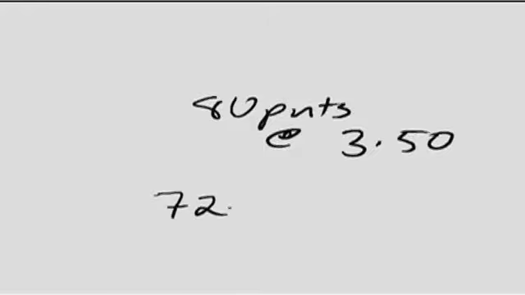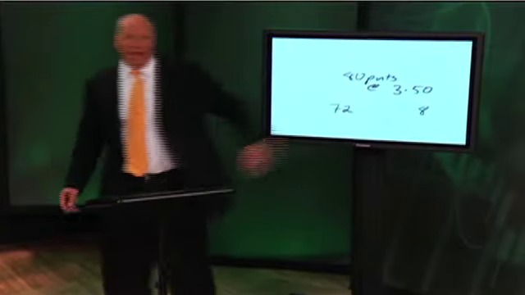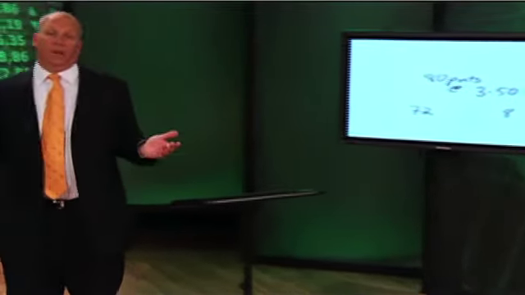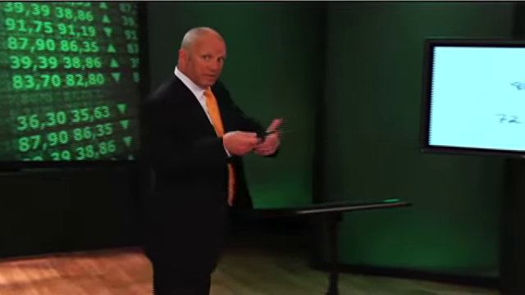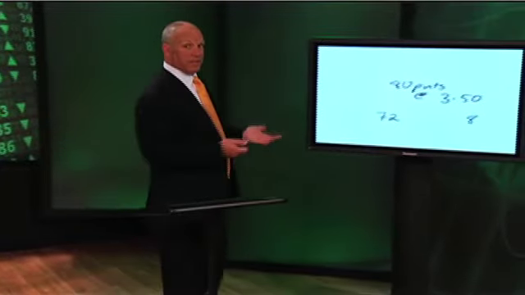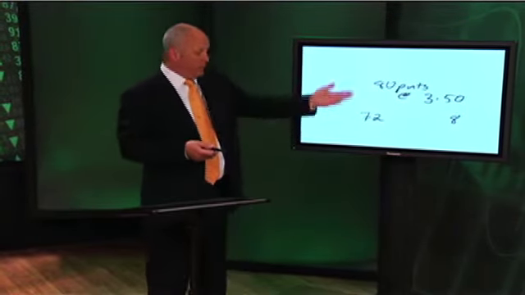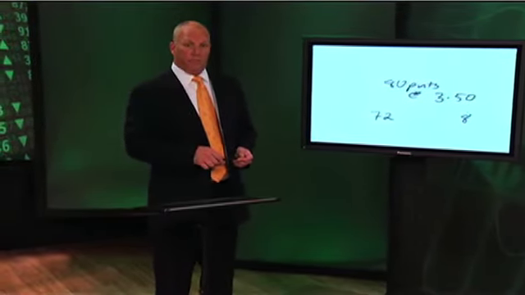The stock's now at 72. The value of those puts is going to be about 8, which means whatever we paid 3.5 for, we'll be able to sell them for 8. So we make a little better than 100% on the trade. That's a good trade, nothing at all wrong with that, especially if it happens in the time frame we're thinking. This is mid-December. I'm thinking by mid-January, we've got a nice little profit.